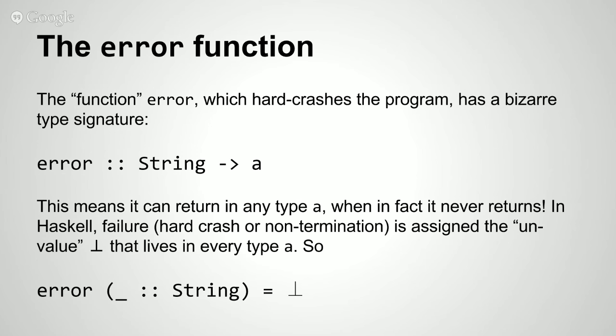But you do see this function error, and it can return any type A, but it doesn't return anything. And those two things actually mean the same thing, because failure, which would either be a hard crash or a non-terminating computation, is assigned this value called bot, which is this upside down T that happens to live in every type A. And in fact, it's the only thing that lives in every type A.